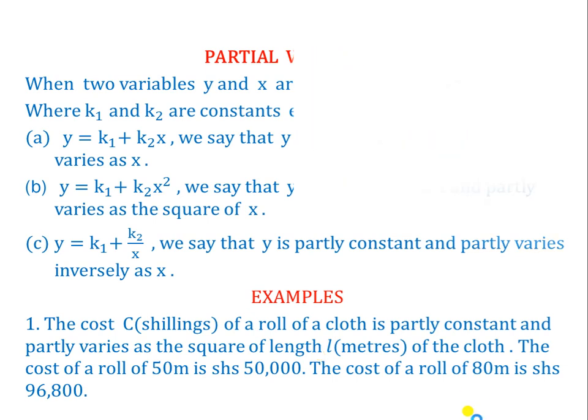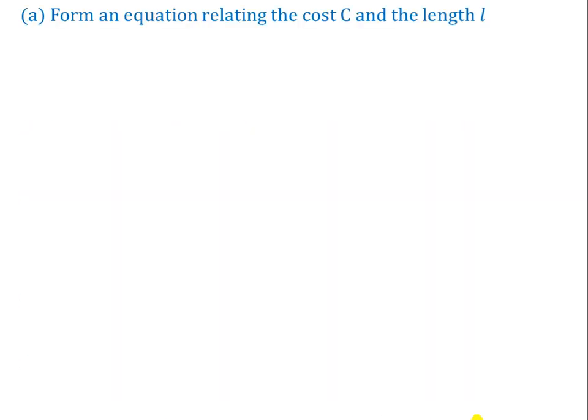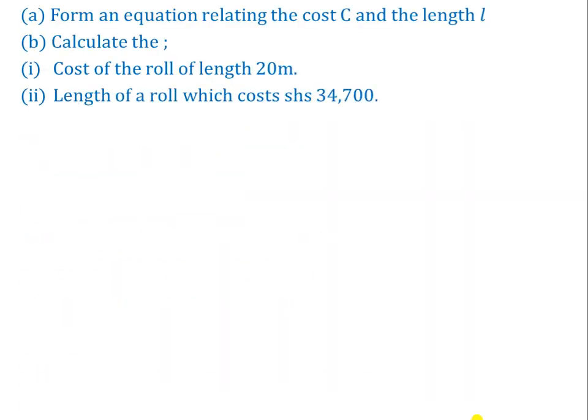So in our solution, we shall say that C equals K1 plus K2 L squared. So it is partly constant and partly varies as the square of L. I am just deciding to use K1 and K2, but you could use any other constants of your choice.